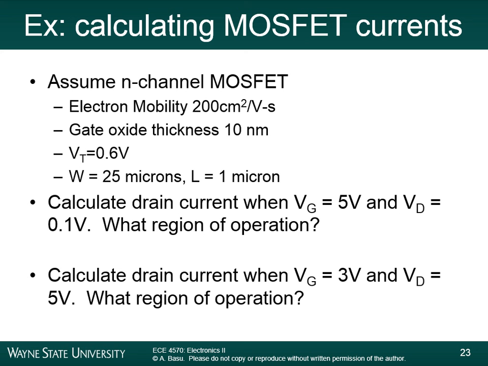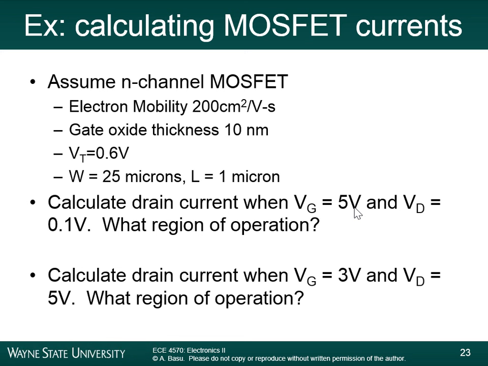These are relatively simple, straightforward calculations, but there are just a few little things with the units, and figuring out, this gives you mu n, for example. The oxide capacitance, you have to figure out by using epsilon of the oxide, the dielectric constant of the oxide, divided by the gate oxide thickness. So there are just a few details for you to look at.